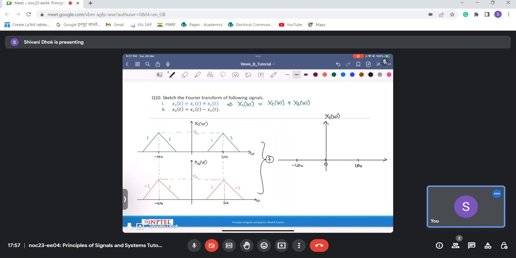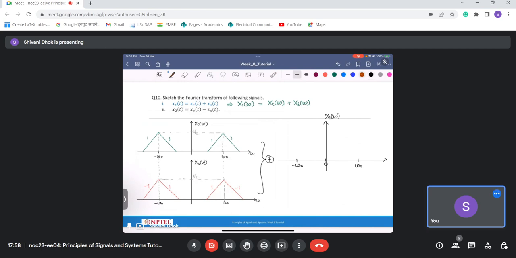Now let us just observe these parts here. This is just going to cancel out each other, and these two are going to add up to give a magnitude 1. Similarly, these two are going to cancel out each other, and these two are just going to add up and give me some constructive interference.